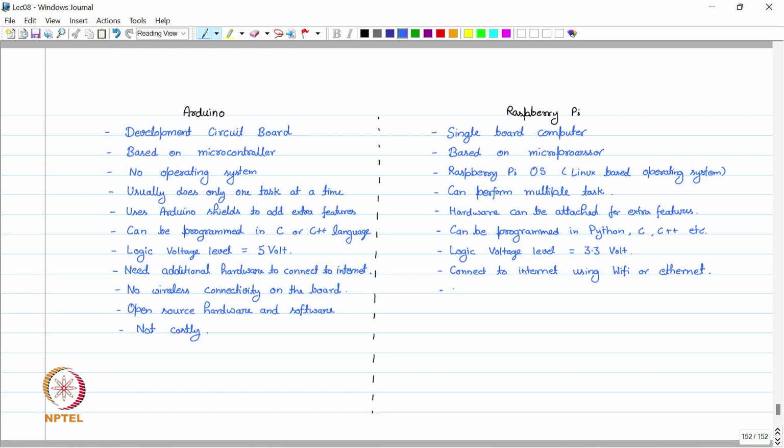Wi-Fi and Bluetooth on the board. It's not an open source system, and is a little bit costly.